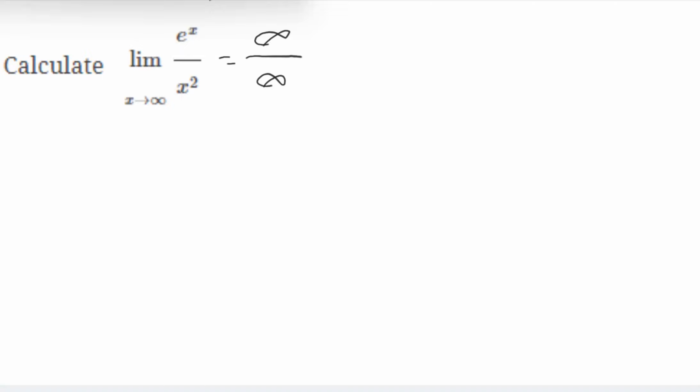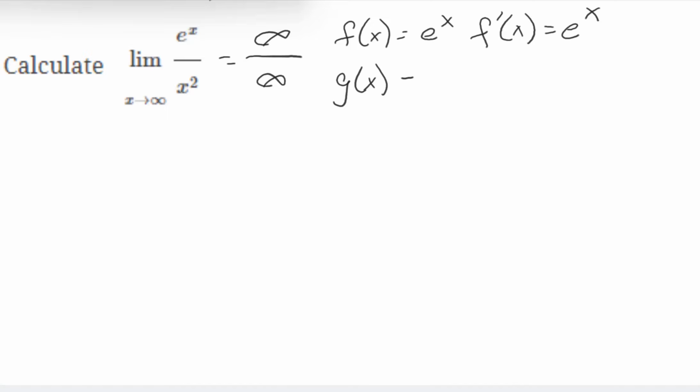So this is an indeterminate form. So let's do the derivative of it. So my f of x is e to the x. So my f prime of x is e to the x. My g of x is x squared. So g prime of x is 2x.